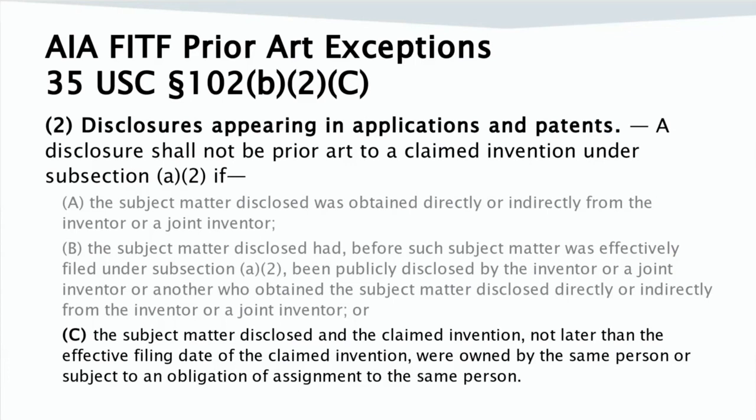In such a case, the prior public disclosure exception would not be available under 102(b)(2)(B), even though it is available under 102(b)(1)(B).